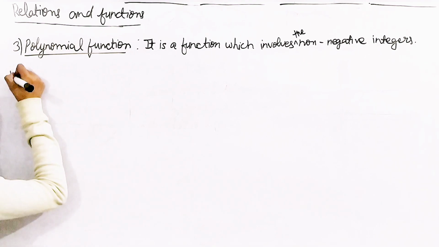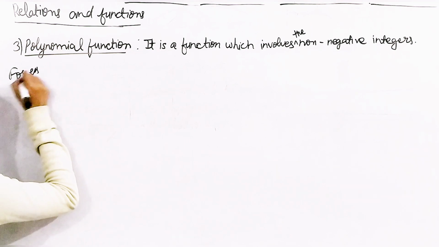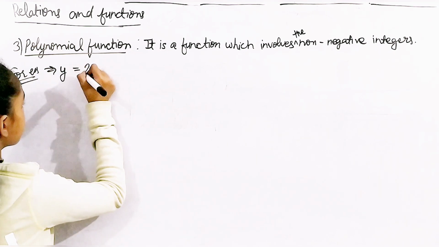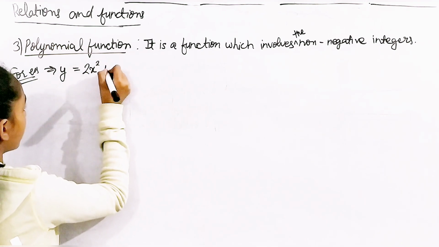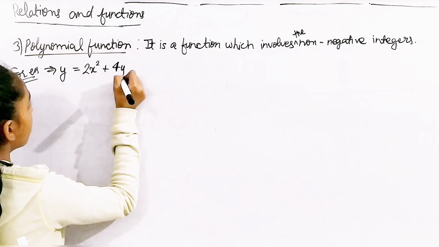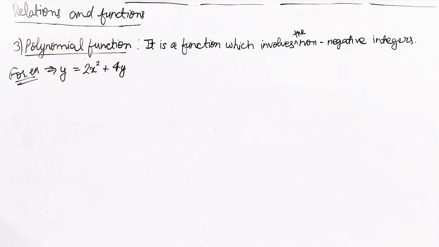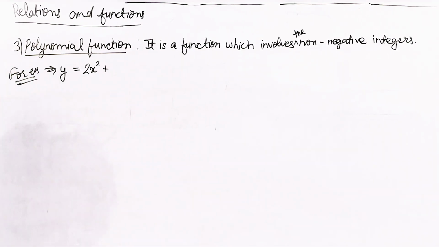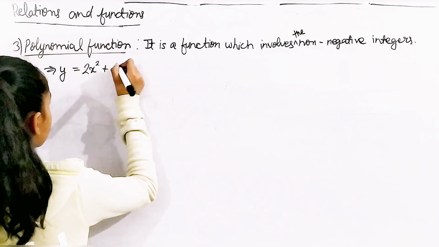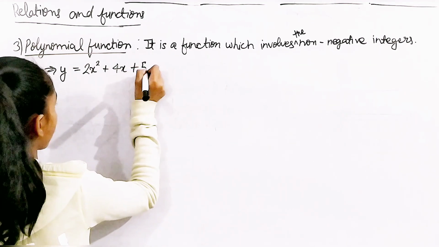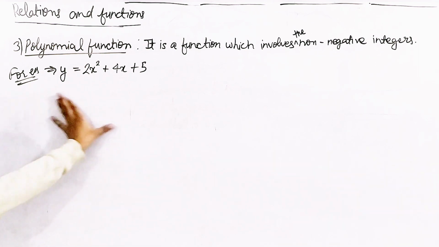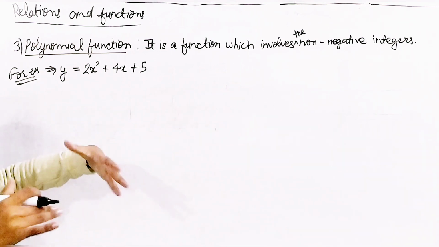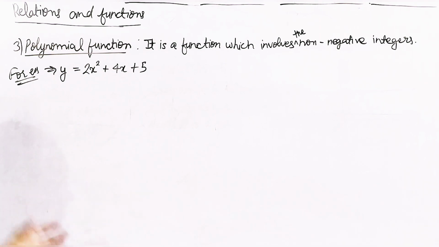For example, y is equal to 2x squared plus 4x plus 5. So this is a simple example. The graph I've just rubbed off because I thought there's no need to show it.